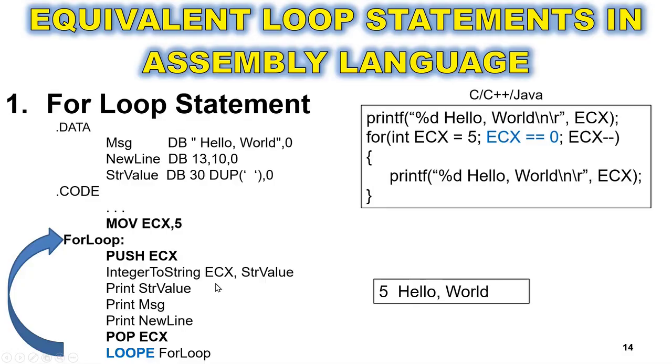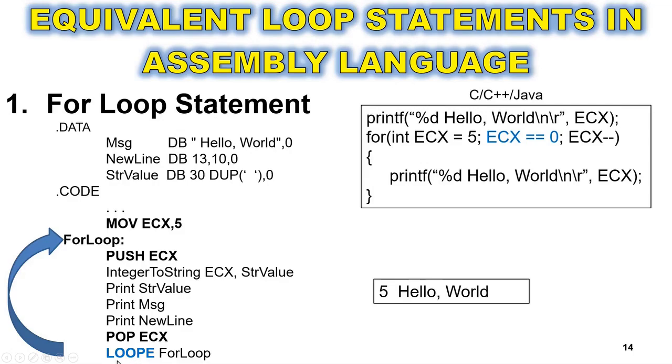It will convert that 5 into a string and store it to str value, and then print the value, which is 5, followed by print hello world, followed by print new line. So the blinking cursor will move to the next line. Then, followed by pop ECX, the present value of ECX is now 5.